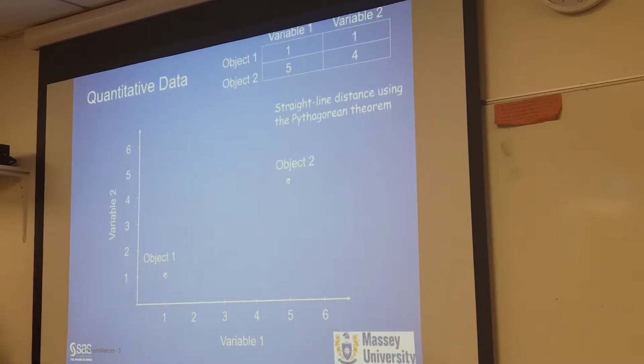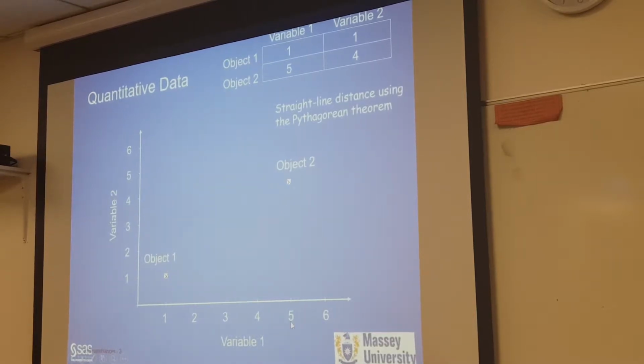So what we've calculated so far, when we think of a distance, the distance that you and I live in in the real world, is what we call Euclidean distance. It is the straight line distance that we get using Pythagoras' theorem. So if I have two objects, object 1 sitting at coordinates 1, 1, and object 2 sitting at 5, 4, what's the distance between them?